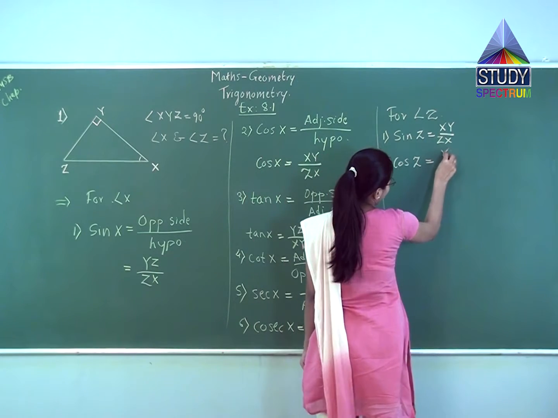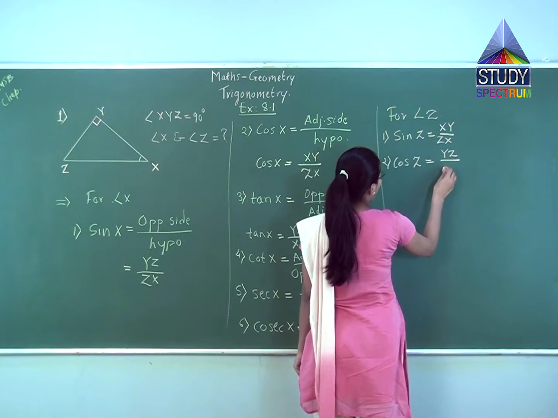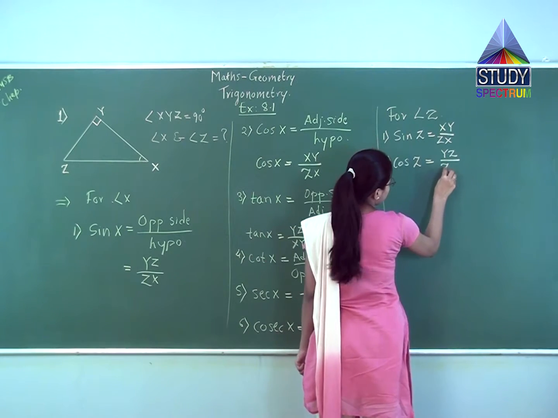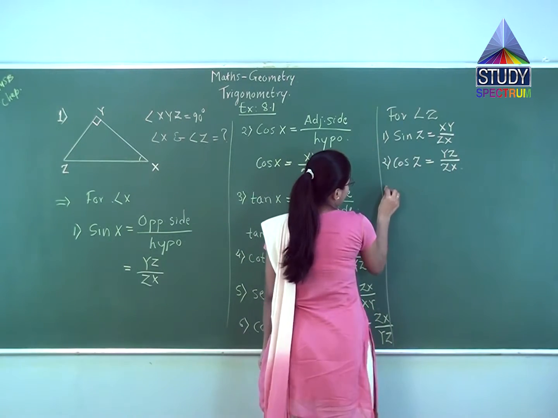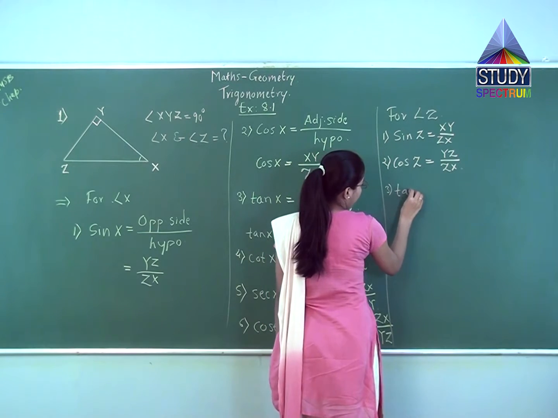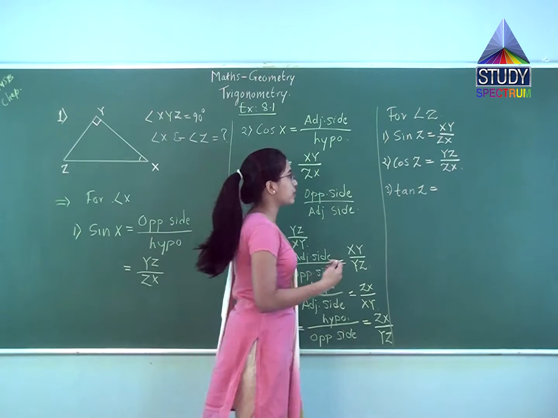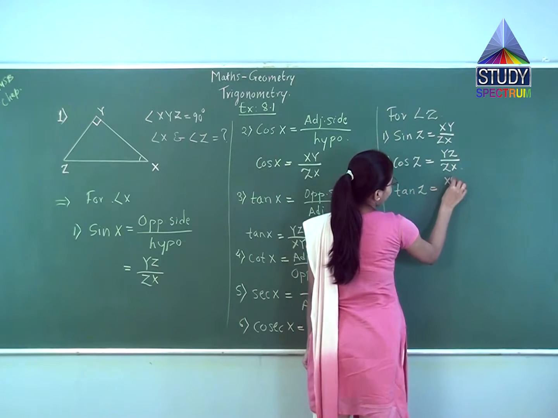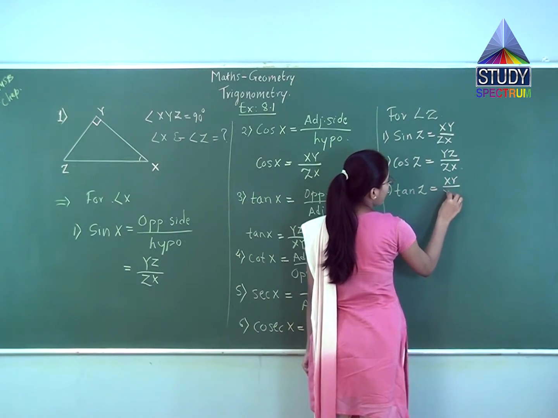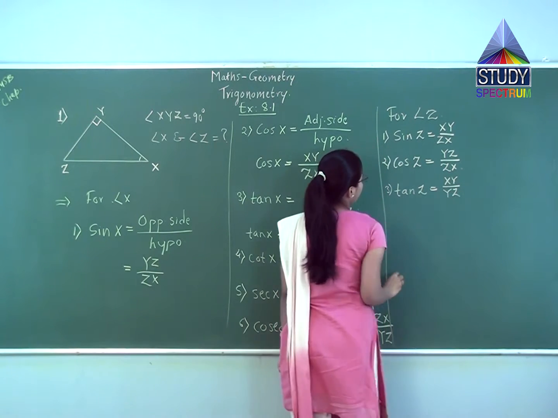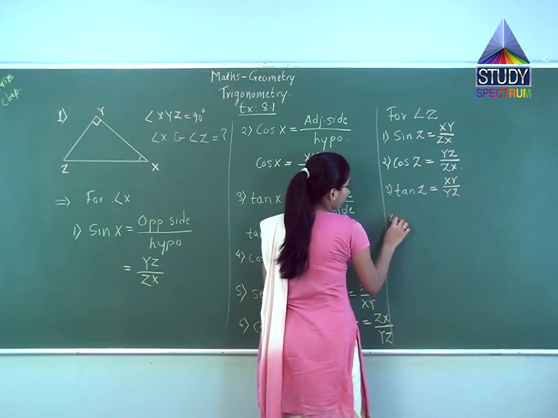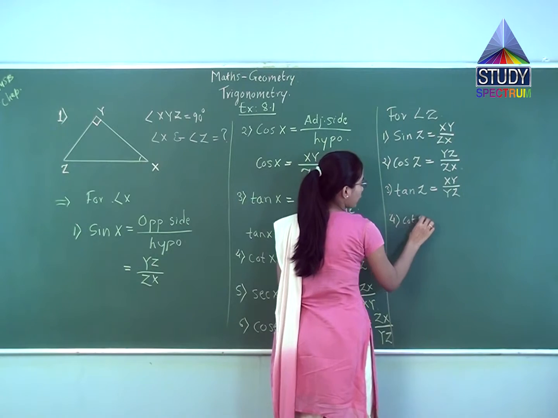So I will write YZ here. So YZ upon hypotenuse ZX. Then third, tan Z, opposite side upon adjacent side. So XY upon YZ.